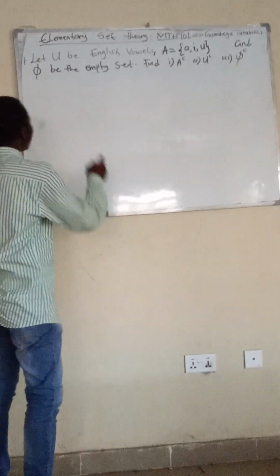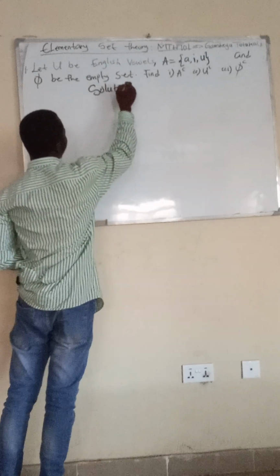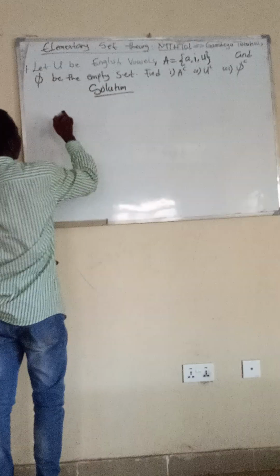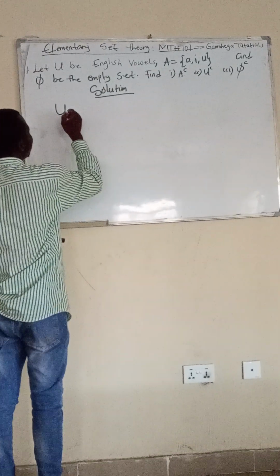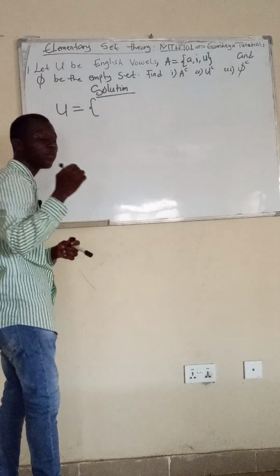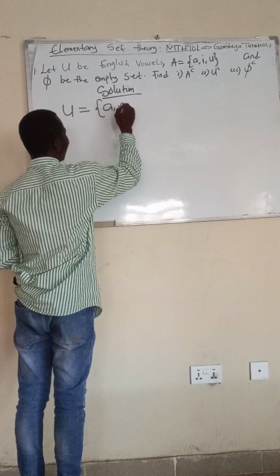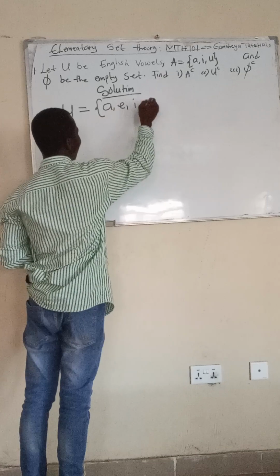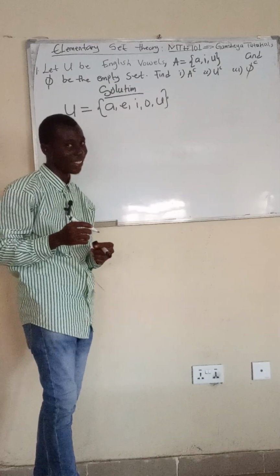All right, now quickly, let's first of all write our solution. They said U, my U is English vowels. And what are the vowels we have in English? Remember, we have 5 vowels in the English alphabet: A, E, I, O, U. Wow, that really looks interesting.